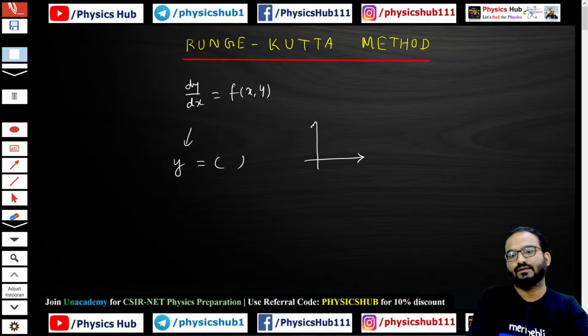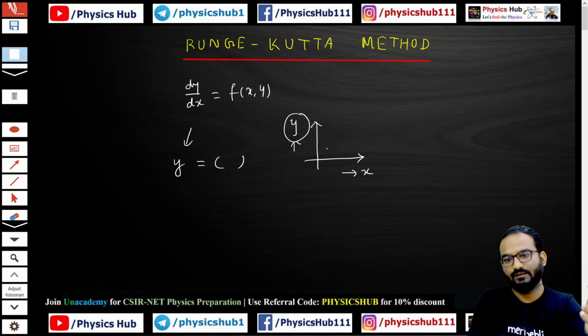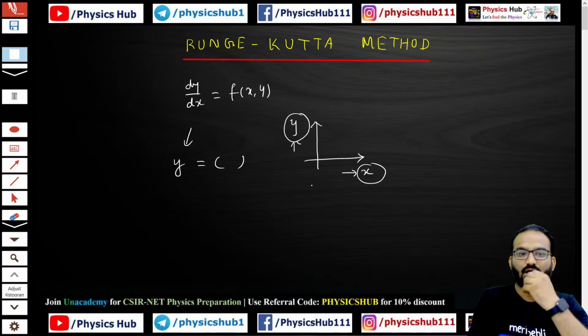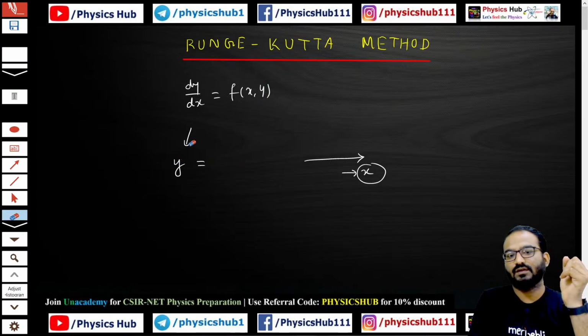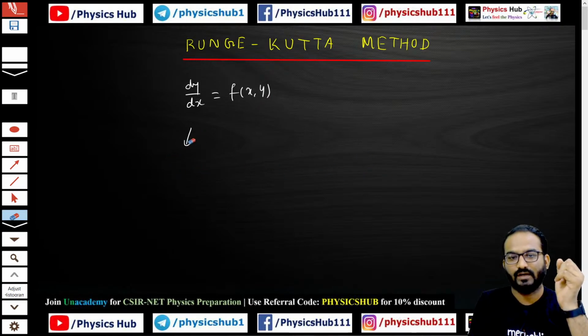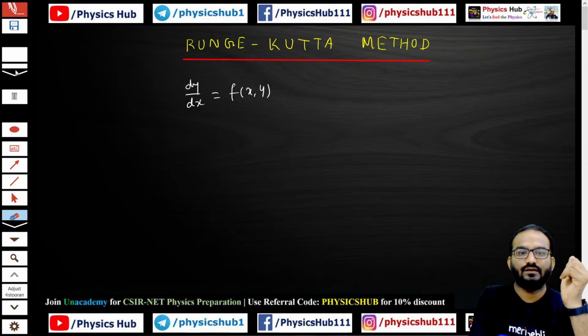It means you get a continuous solution of this. You get the dependence of the dependent variable on the independent variable. Now, how is it different in case of the Runge-Kutta method? In Runge-Kutta method, what we do is a little bit different. It is not in this way.